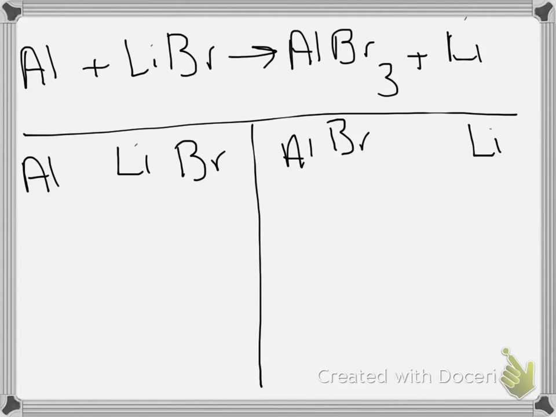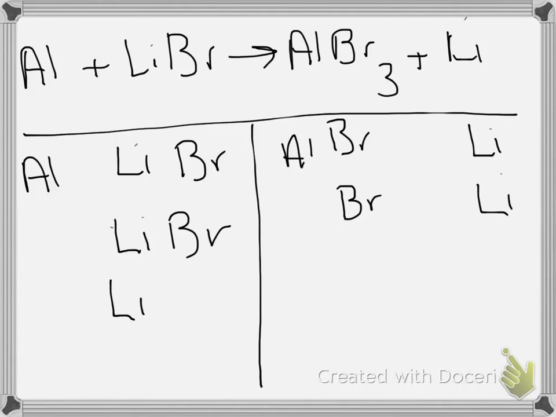In order to get that, though, I have to go back to the reactant side, and I have to add not only the 2 bromines, but I also have to add lithium because it comes as a compound. So I'm going to add a second lithium bromide, and that's going to add a bromine onto the product side and another lithium.